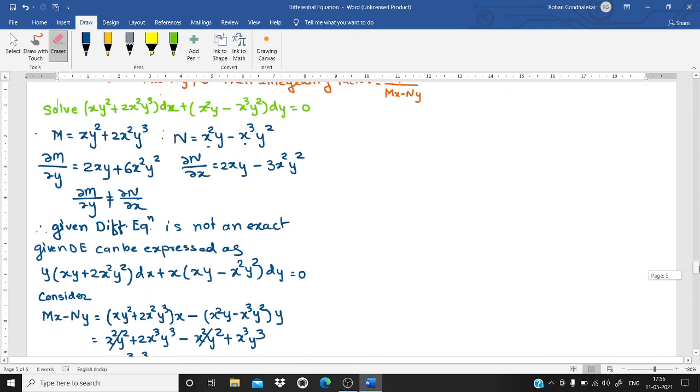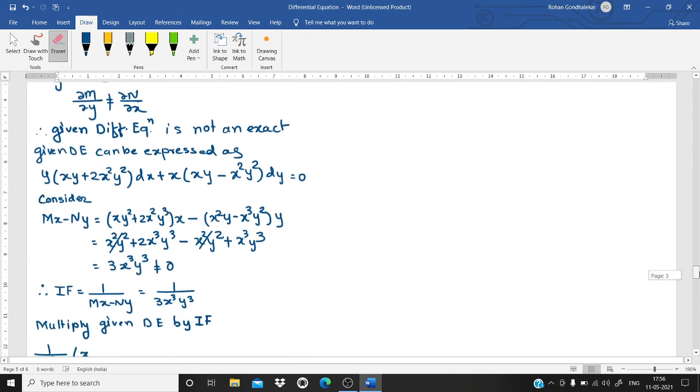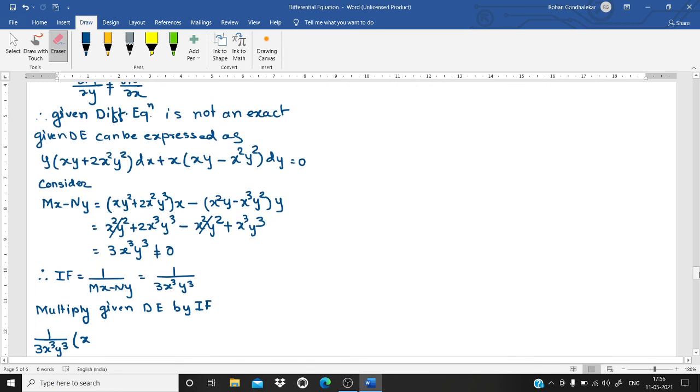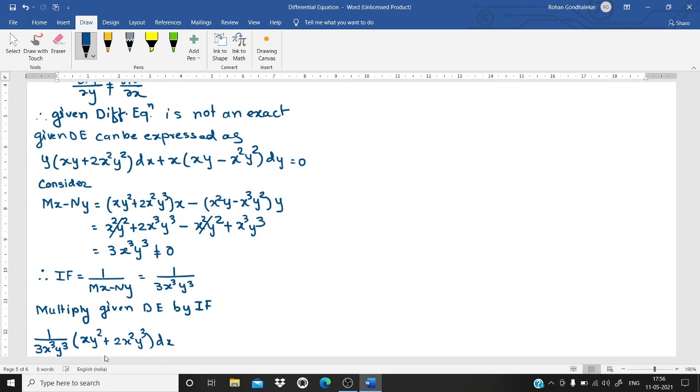What is M? xy square plus 2x square y cube into dx, plus 1 upon 3x cube y cube into N, that is x square y minus x cube y square, dy equals 0.